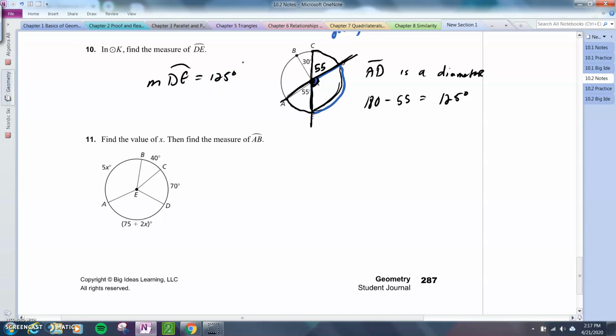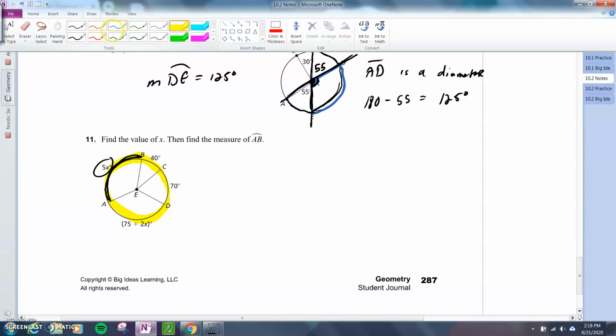All right, lastly, let's look at 11. We want to find AB, which is here. It's 5x right now, so we've got to solve for x, and then plug that back in and figure out what it is. Well, remember, the entire circle is 360 degrees.